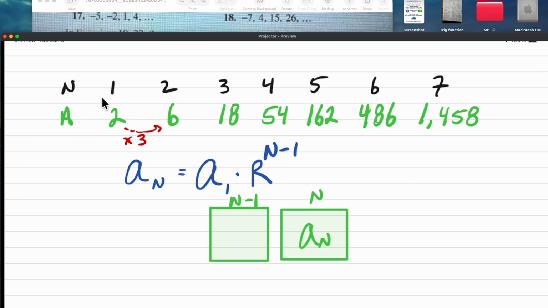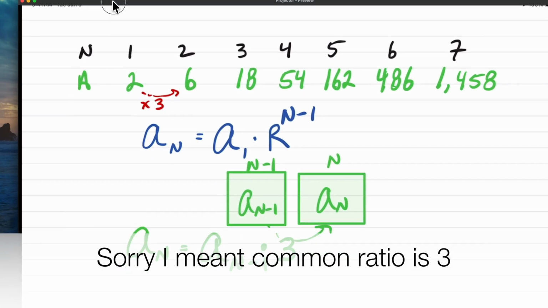What is that going to be? n minus 1. So we're going to take the amount at n minus 1 and multiply it by the common ratio. So the amount at position n is going to be the amount at position n minus 1 times the common ratio, which in this case is 3.